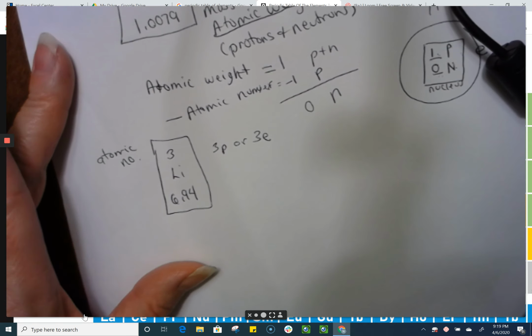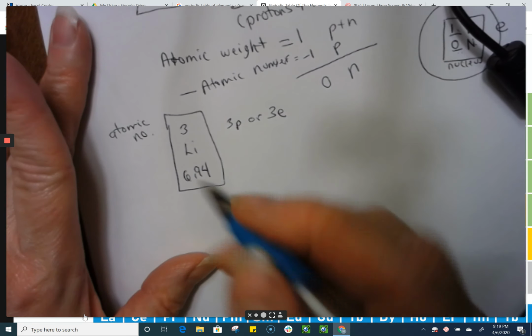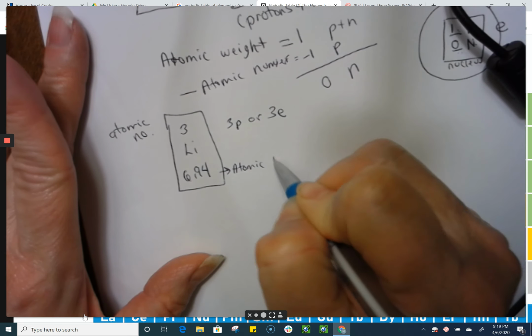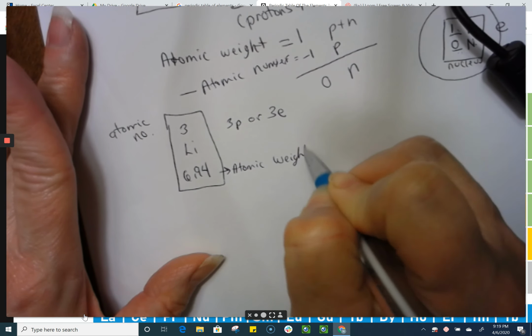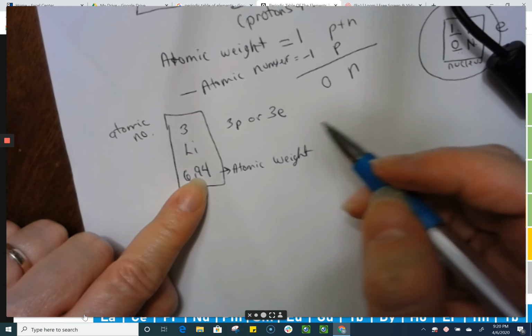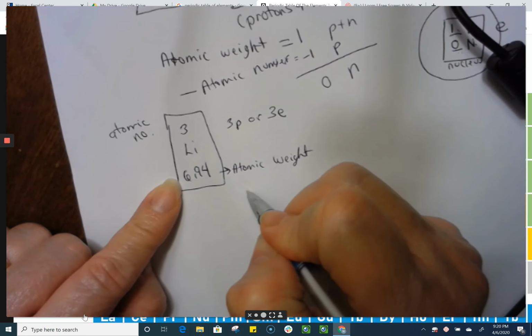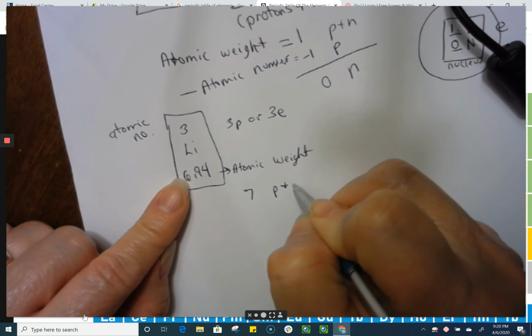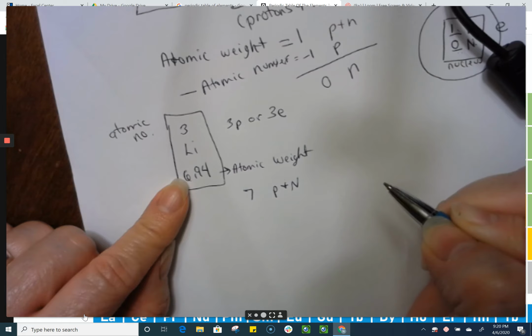It tells us protons and electrons. And then here is the atomic weight, which we will round to the next whole number. This is above 5, so this makes this go to 7. And the atomic weight can be the protons and the neutrons combined.